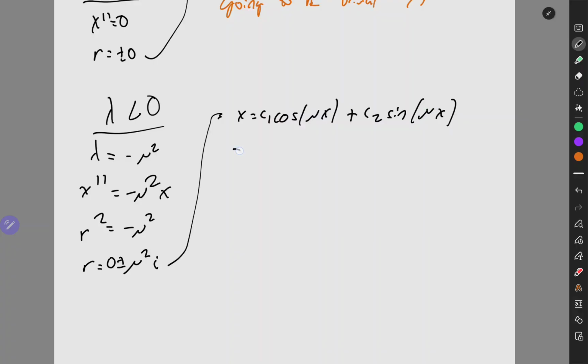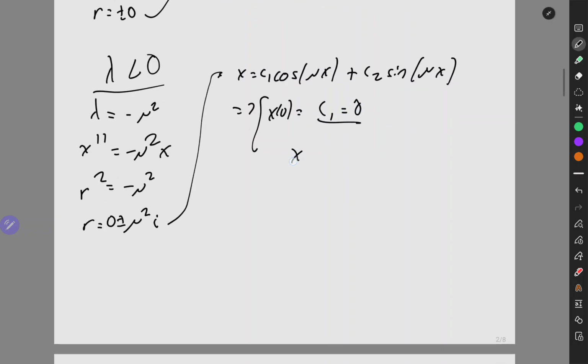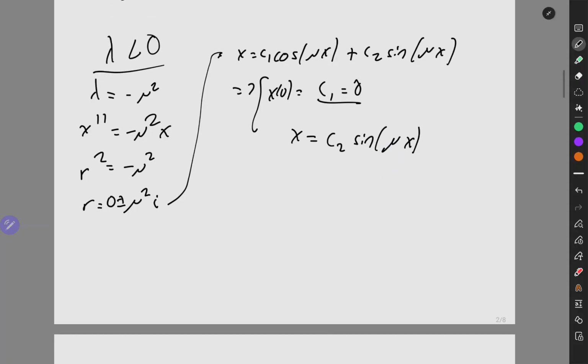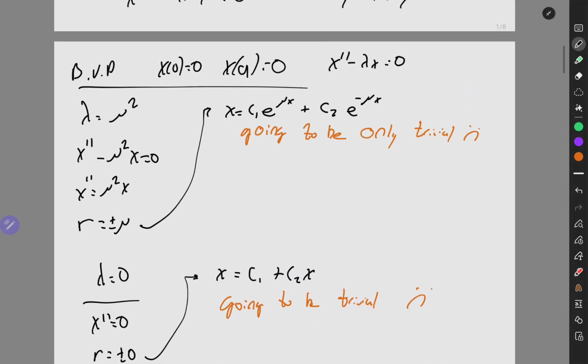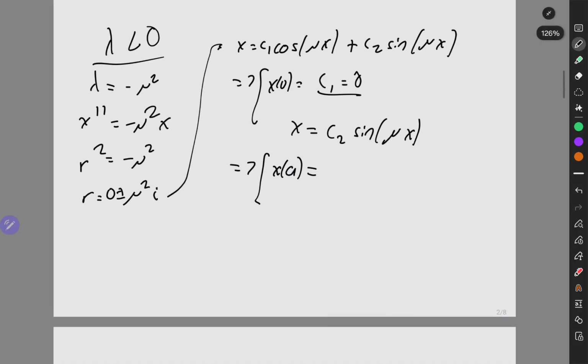Okay. First boundary condition: C1 equals 0. So then we're left with this. X. I keep looking at my notes almost writing down a y. Next boundary condition, X of L. Oh wait, A is the length of that side.